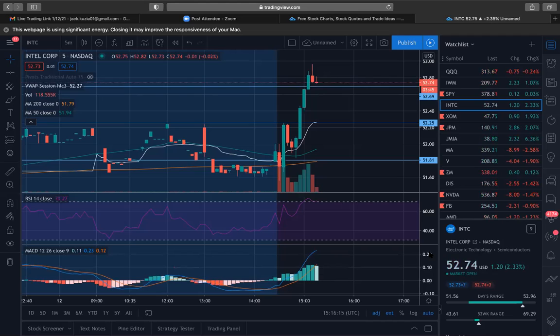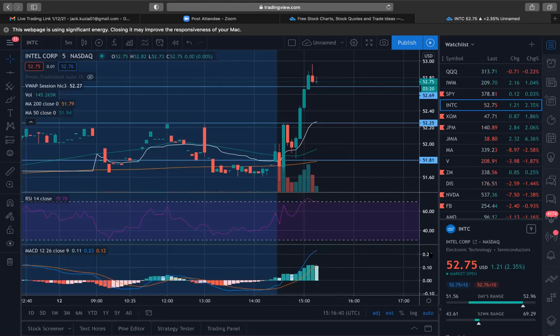And so that's what debit spreads take advantage of. They say, well, I don't really care about having the unlimited possible gain percentage.